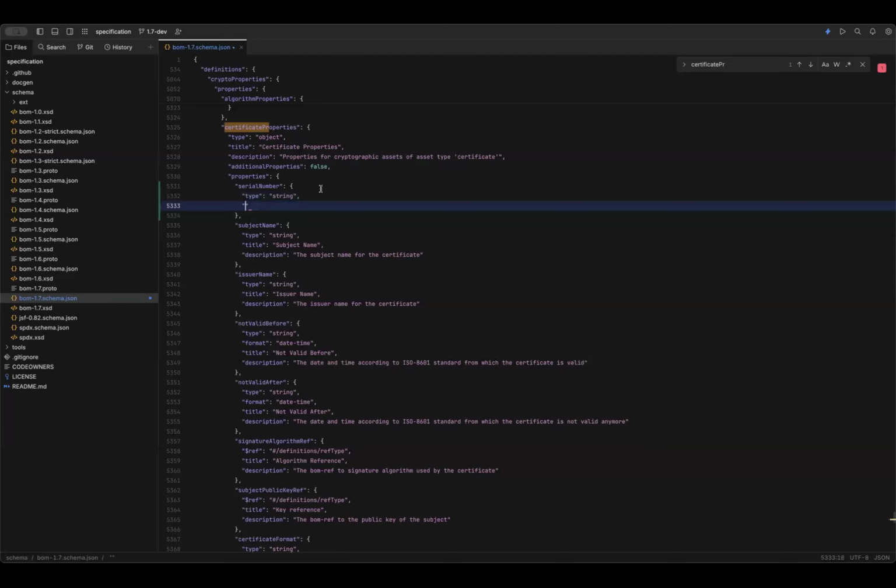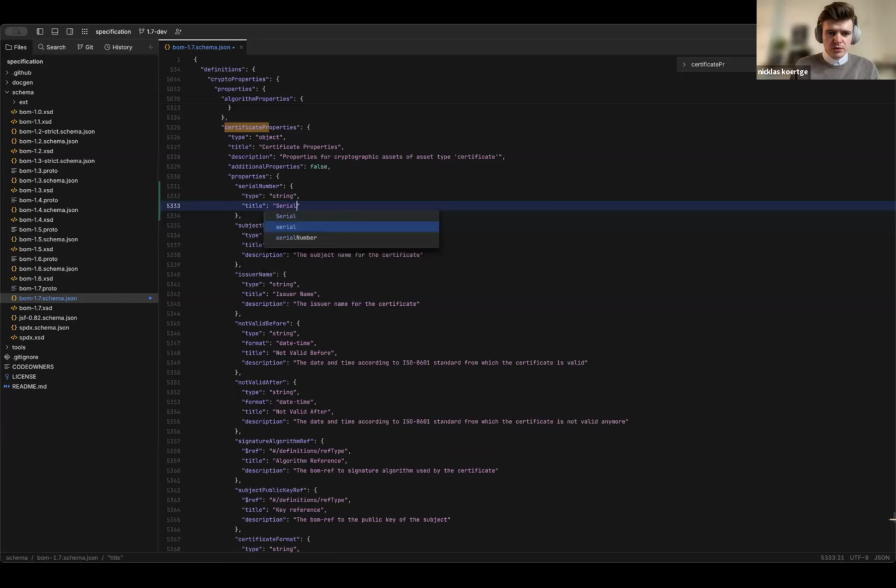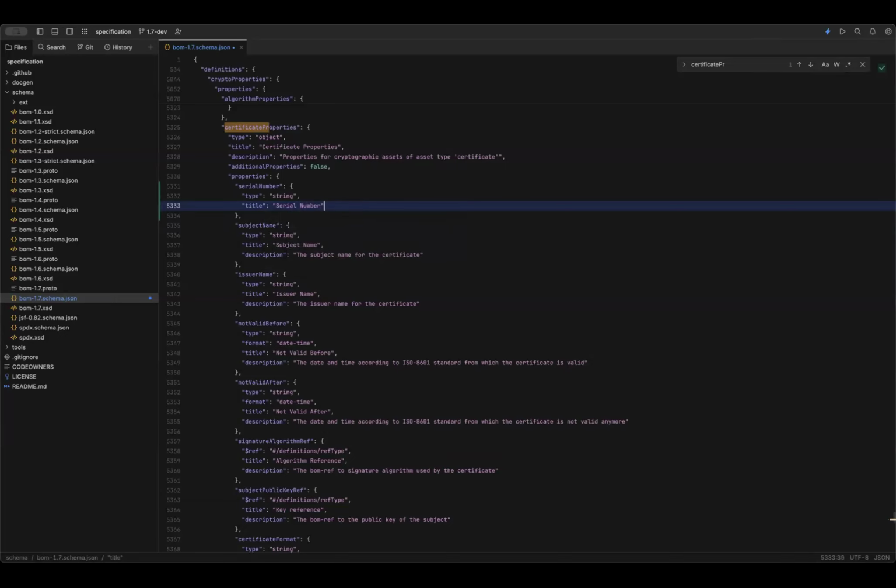No, they have a pattern on it, but I think we just validated that the pattern is not going to be valid for X509. So from, okay, title, I think it's just serial number, I guess, but please. Yeah, that's fine.